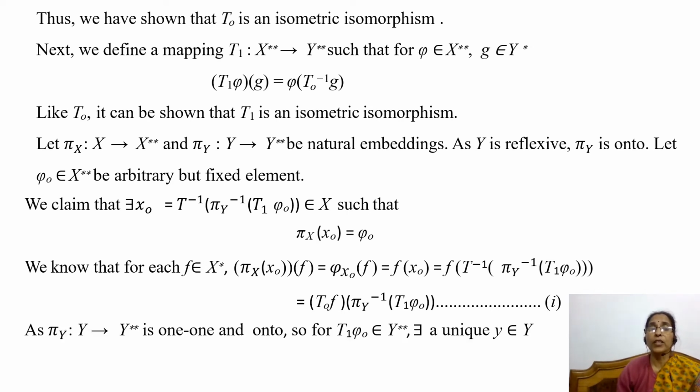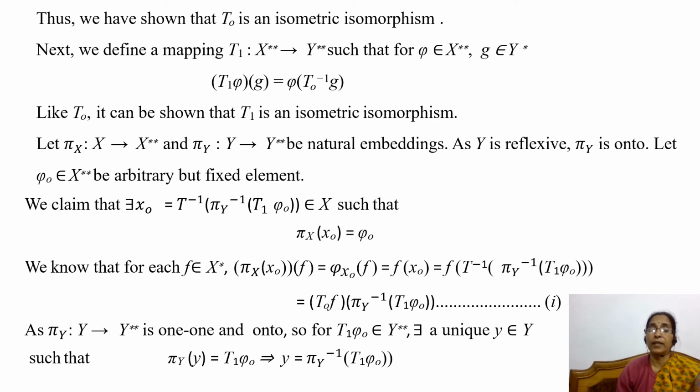As pi y from Y to y double star is one-one and onto, for T1 phi naught in y double star, there exists a unique element y in Y such that pi y of y is equal to T1 phi naught, because this pi y mapping is one-one onto.